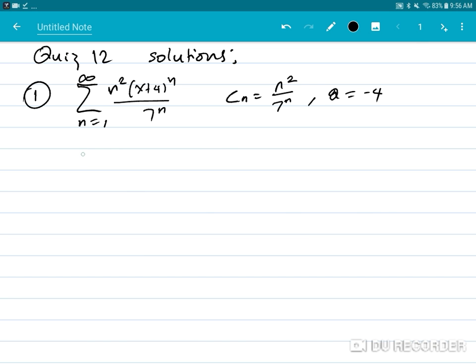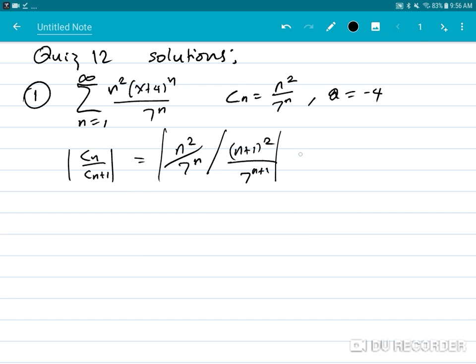So if you calculate Cn over Cn plus 1, that gives you n squared over 7 to the n divided by the next term, cancel the 7s, so that gives you one more 7 left.